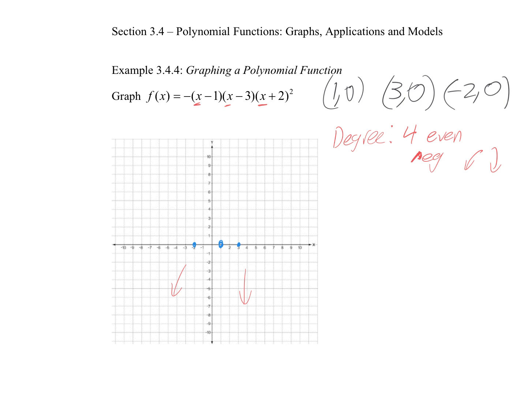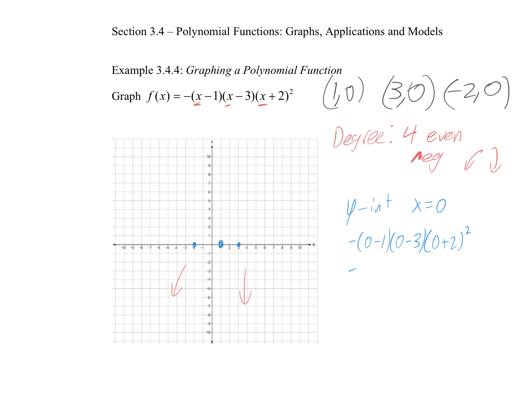Now let's find, of course, our y-intercept. So the y-intercept, remember x is going to equal 0, so let's plug that in. We've got negative 0 minus 1, 0 minus 3, and 0 plus 2 squared.